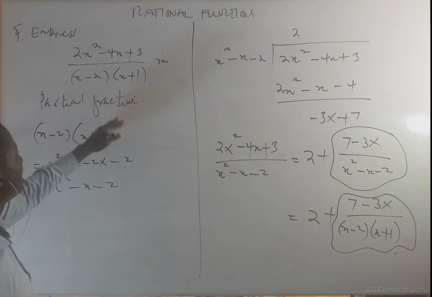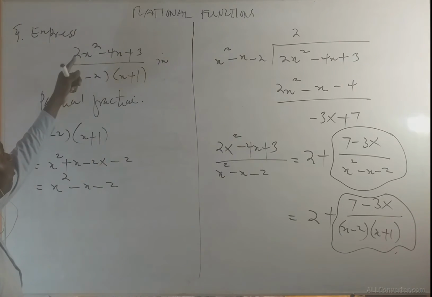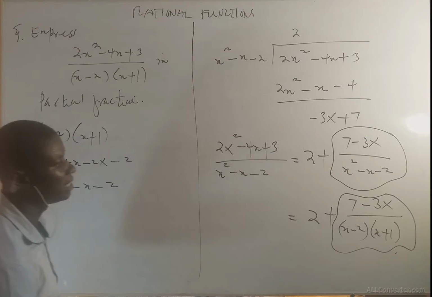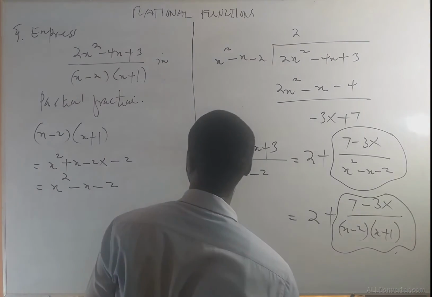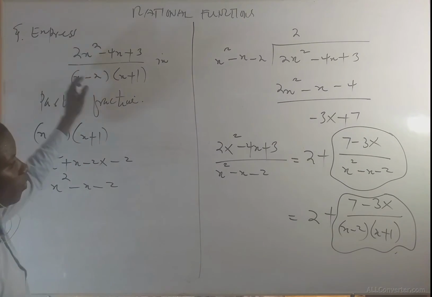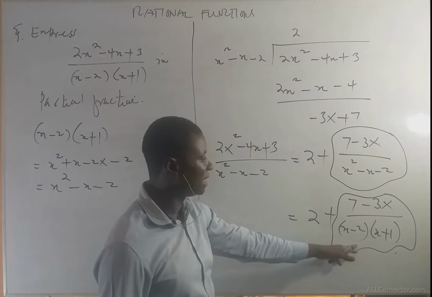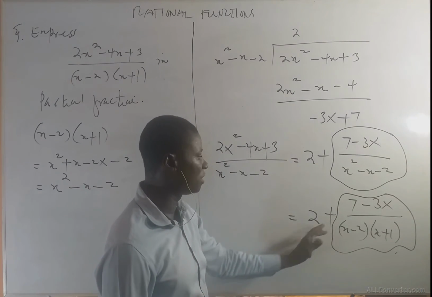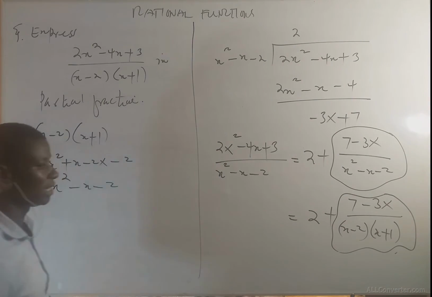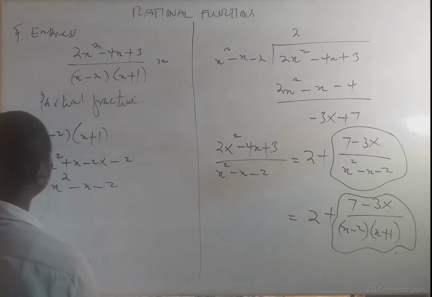When you check and you see that the degree of the numerator is equal to the degree of the denominator, or the degree of the numerator is greater than the degree of the denominator, then it means it is an improper fraction, and therefore you have to divide by the divisor, and whatever you are getting, finally you have to convert it back. Because when you look at this, it's now a denominator with linear factors, but because of the plus 2, we have to solve this. Whatever we get, then we add it to the 2, and that will be the result. This is an example of an improper fraction.